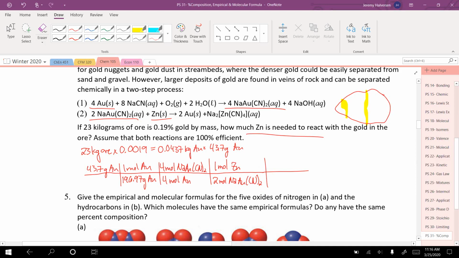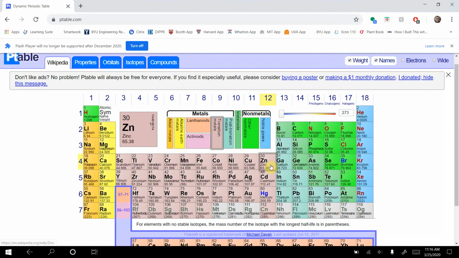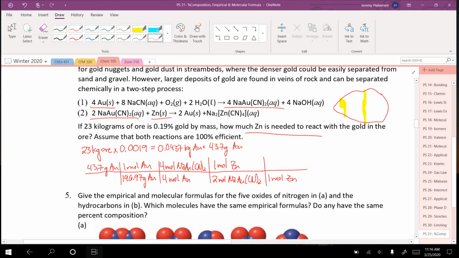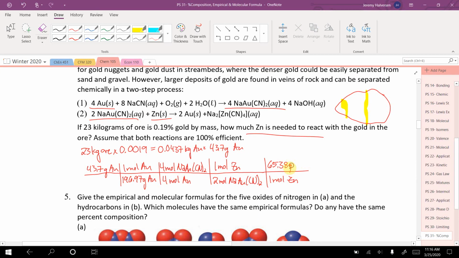And I want to know how much zinc I need, so why don't I just change that into grams? 1 mole of zinc weighs 65.38 grams. And that tells me I need 7.25 grams of zinc in order to get this percent of gold out of that much ore. There we go.